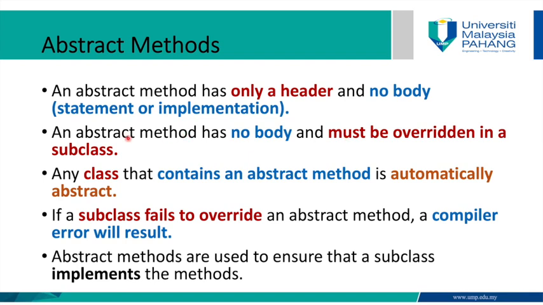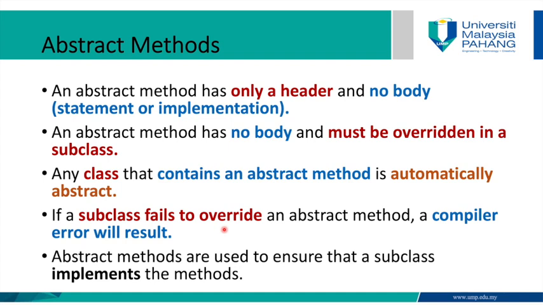You have to override it and do all the implementation in the subclass. So any class that contains an abstract method is automatically abstract. And if a subclass fails to override an abstract method, a compiler error will result.